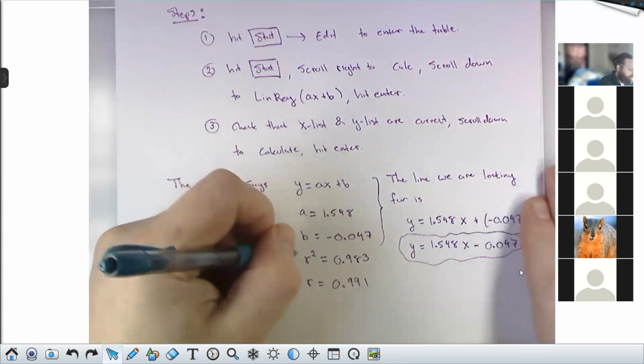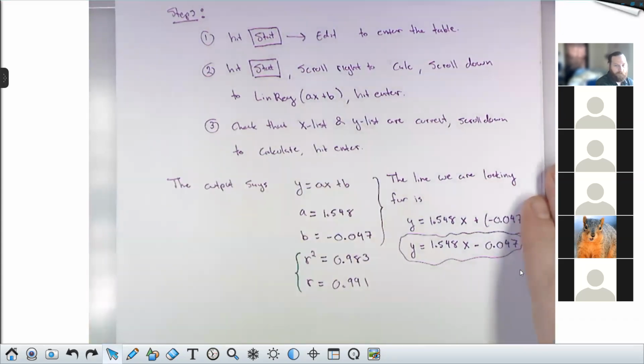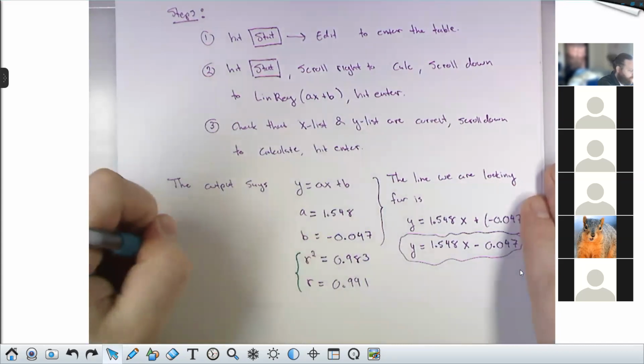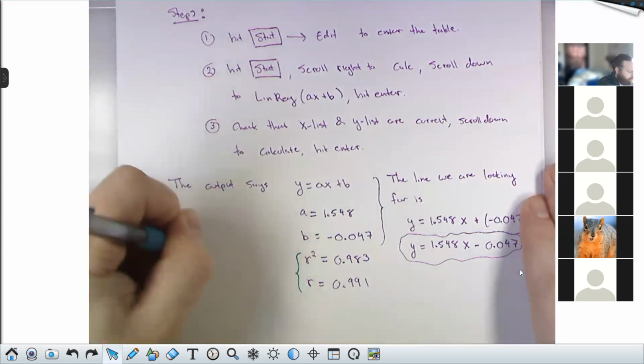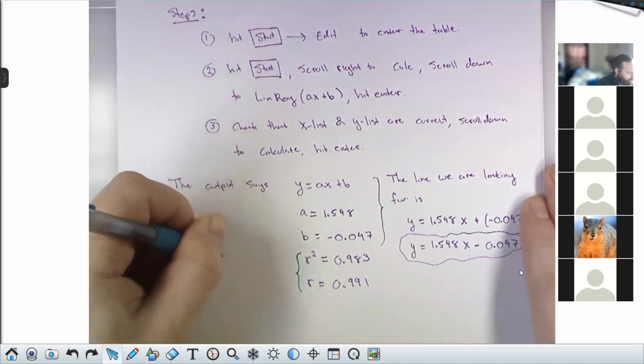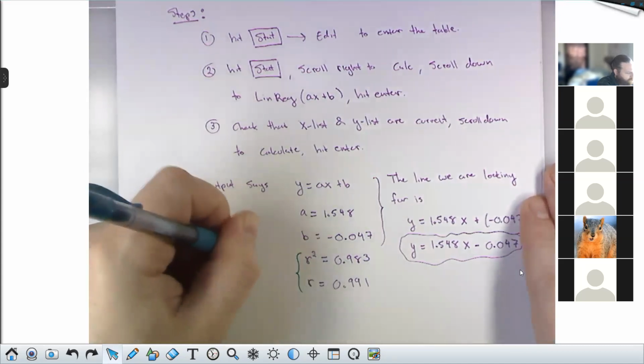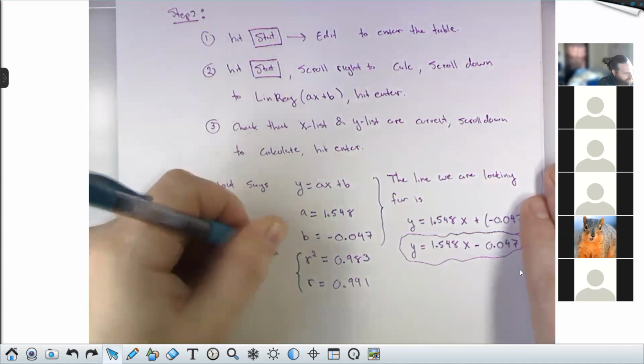These guys tell you how good a fit that line is. So R is called the Pearson correlation coefficient.